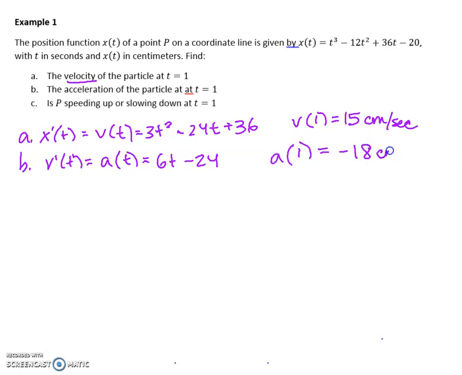Now, acceleration is units per time squared because you're seeing the speed of the speed. Okay, so then the last question is: is it speeding up or slowing down? Well, because my velocity is positive but my acceleration is negative, I'm slowing down. And if it asked you why, you could literally say those two things.